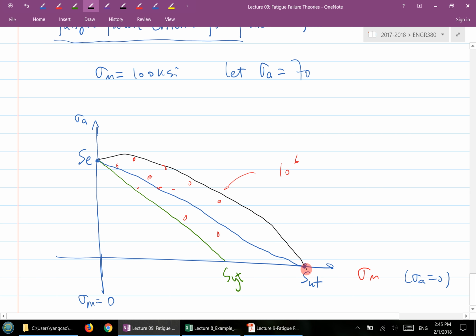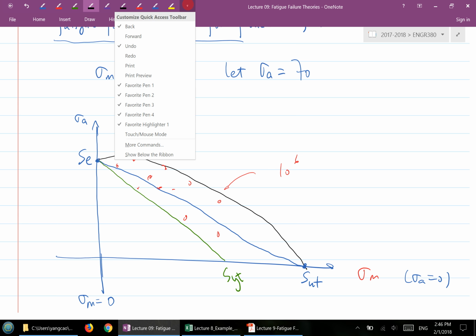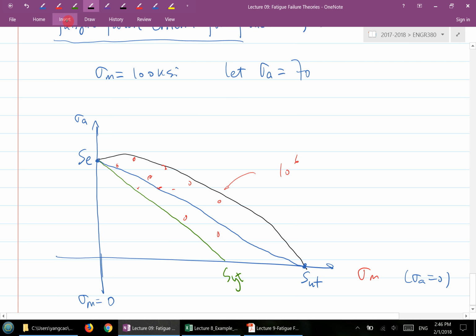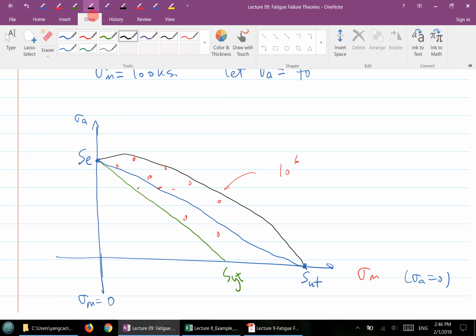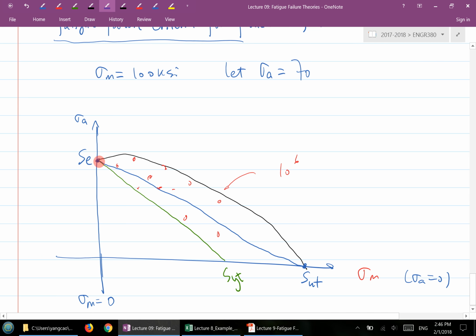There's another one here. And the fourth one is to use a curve connecting SE and SYT, using the purple color.